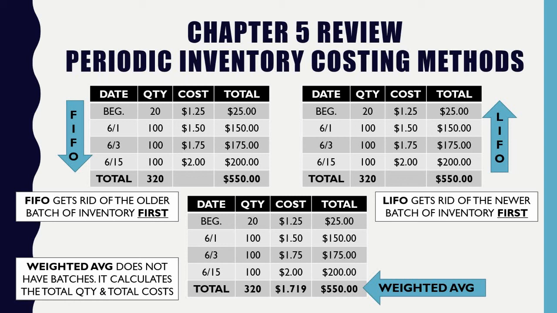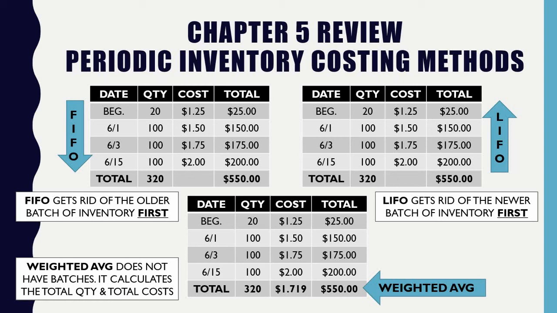Whereas with weighted average, we don't care what batch came first. We don't care about what batch came last. All we care about are the grand totals, because once we have the total amount of inventory items that we have purchased in grand total with the total cost, then you figure out the average cost per item.